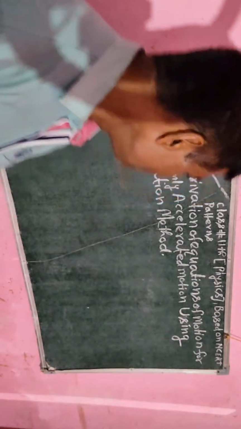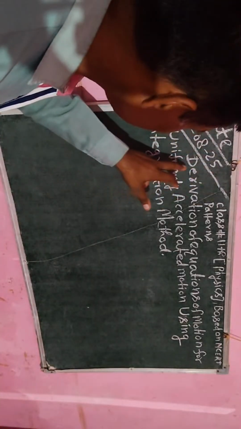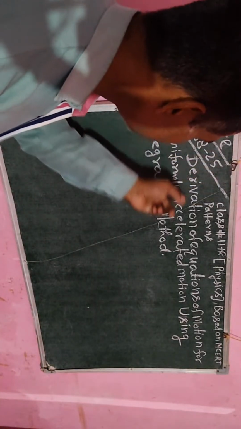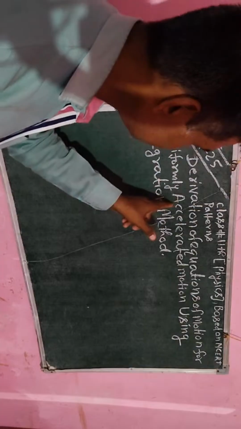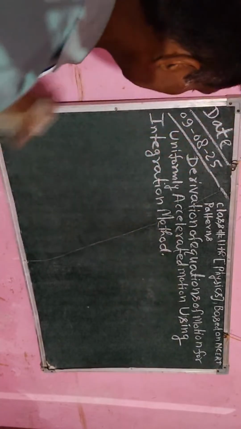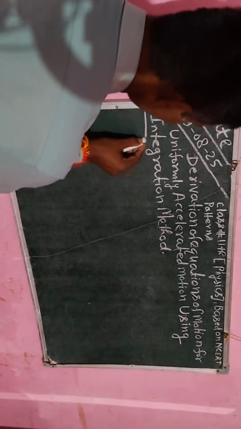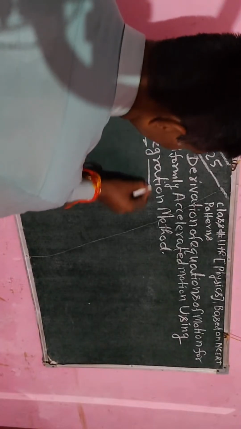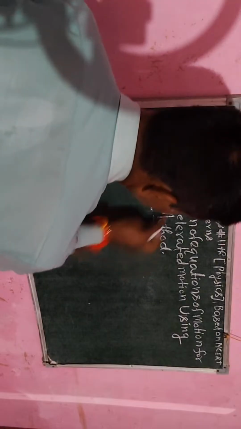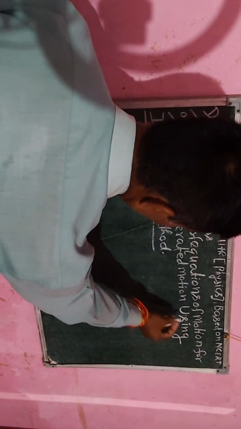Okay, so here I have written the information: derivation of equations of motion for uniformly accelerated motion using the integration method. So this integration method I will use properly to derive the equations of motion.